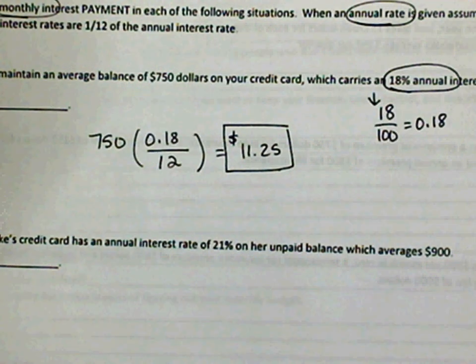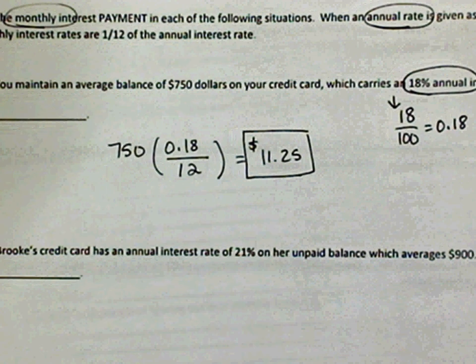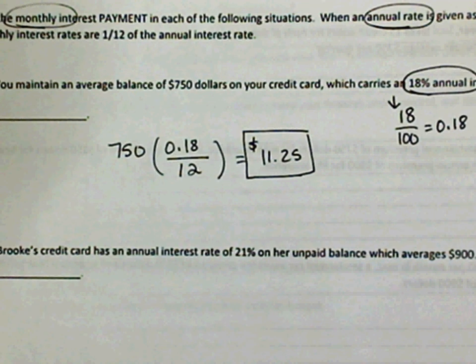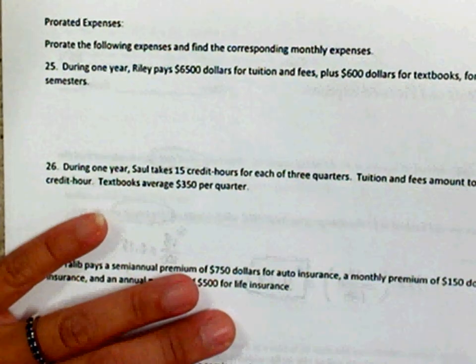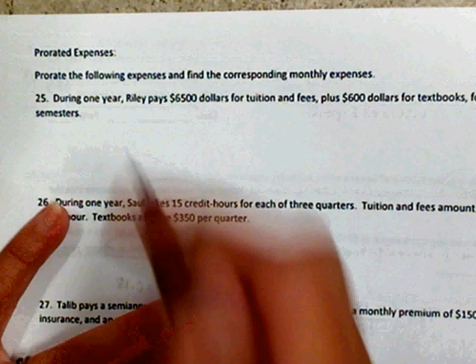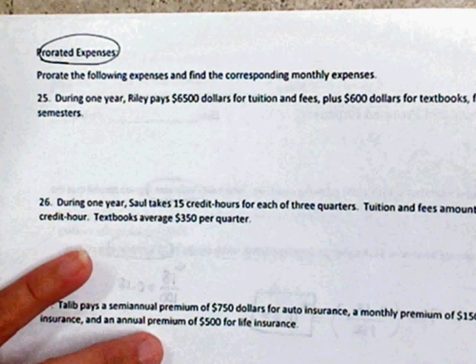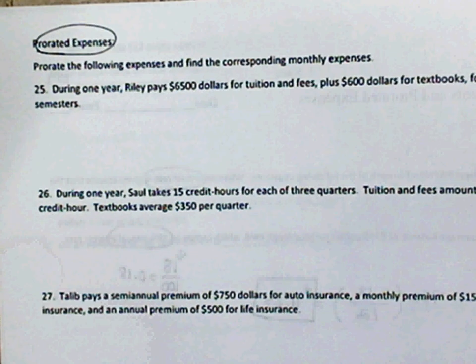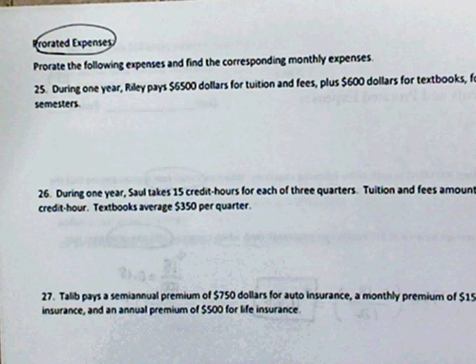All right. Okay. Let's go to the back, 25 to number 30. Okay, and number 25. Now, this time we are looking at prorated expenses. Prorated could be like, I have cable.